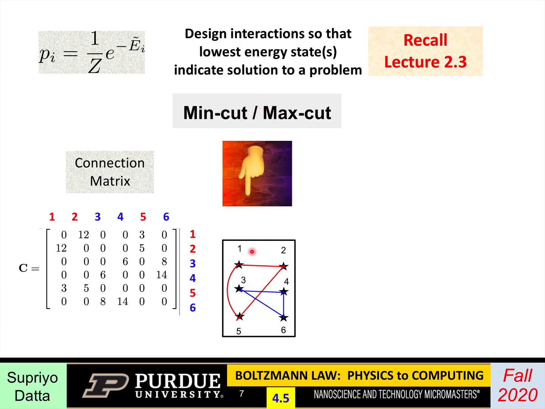If you have, say, 6 nodes, of which some are connected strongly and some are not, there's a connection matrix describing these connections. The problem is to find a way of separating them into 2 separate groups of 3 nodes each, such that the connections you are cutting when you break them apart is a minimum or a maximum. So you could have a min cut problem or a max cut problem.